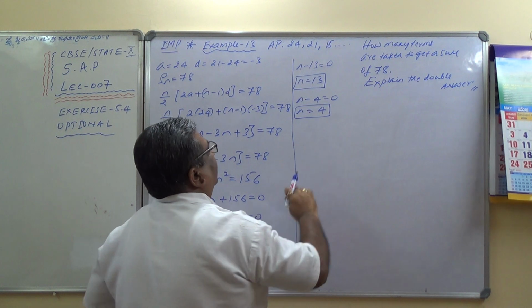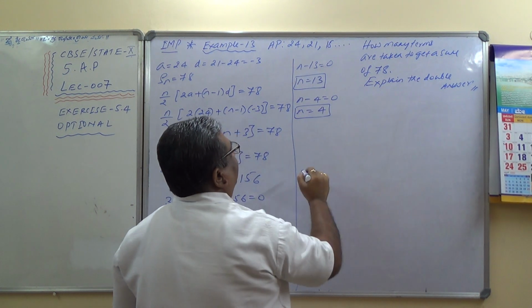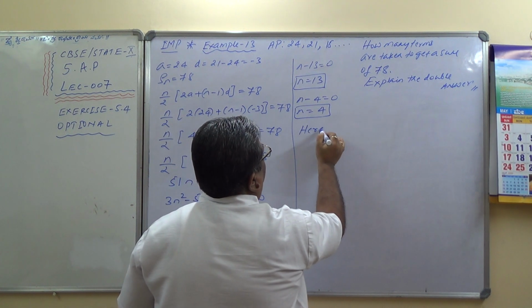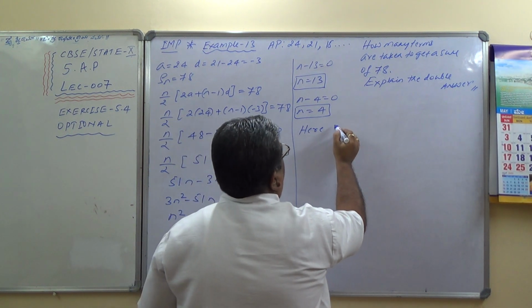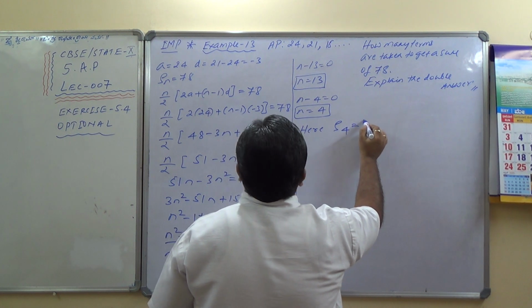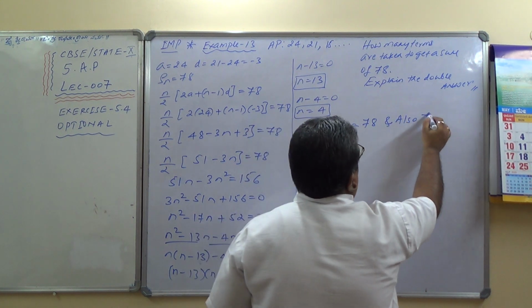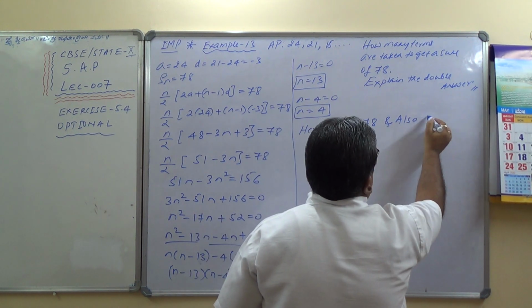Here my answer for the double, we have got 2 values of n and the explanation goes like this. Here, sum S4 equals 78 and also S13 equals 78.